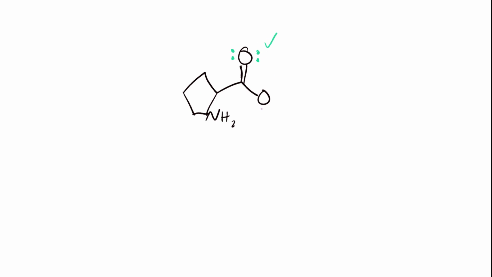Let's do 2, 4, 6, and 8. 6 minus 6 is 0, minus 1 is a negative charge. That is a negative charge right there. What about the nitrogen? Well, this nitrogen is connected to 2 carbons.